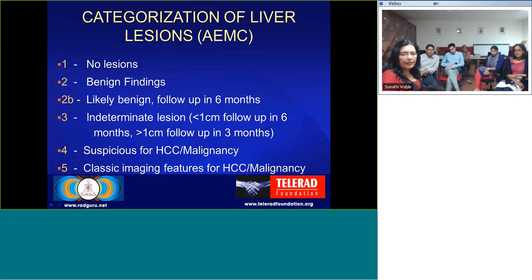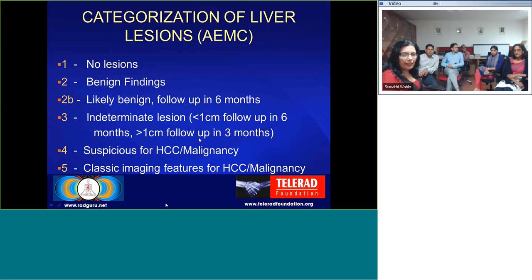And indeterminate lesion, where no matter how much you try, sometimes you just can't tell, especially with the small ones. And suspicious for HCC or malignancy, where we were almost there, but it did not have every single characteristic that we would like to see for HCC. And then 5 was a no-brainer: it is definitely HCC.